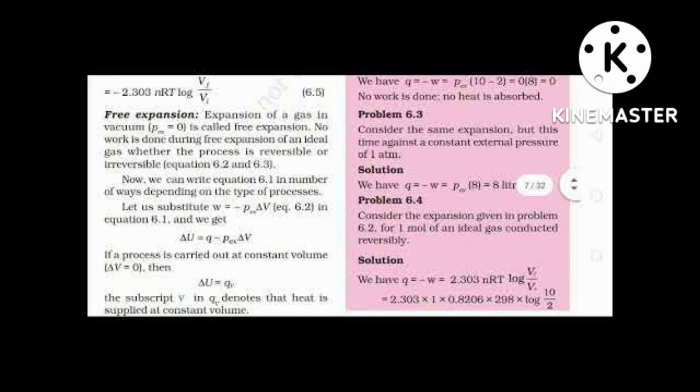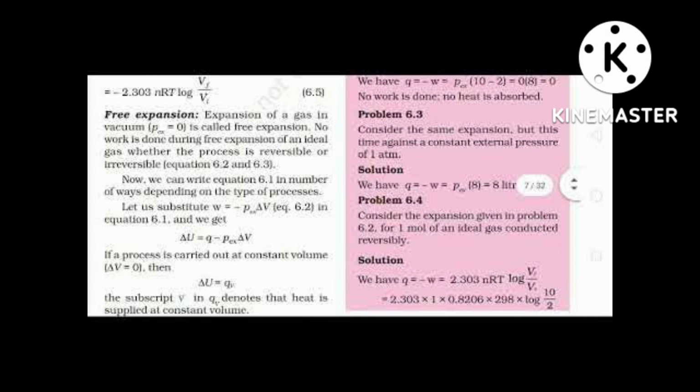If the term reversible is in the question, then you apply this formula, the reversible work formula, W rev. That's why it is written W rev. If the question is for work done in the reversible case, you apply this W rev formula. Then in this question, volume final and volume initial are required, so log of 10 divided by 2, final divided by initial.